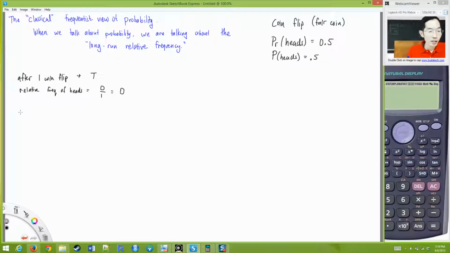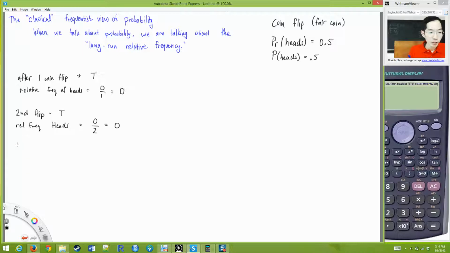And let's say for our second flip, we get tails again. Okay? And so what is our relative frequency? I'm just going to write relative frequency of heads. We have seen heads 0 times after 2 flips. Our relative frequency is still 0.